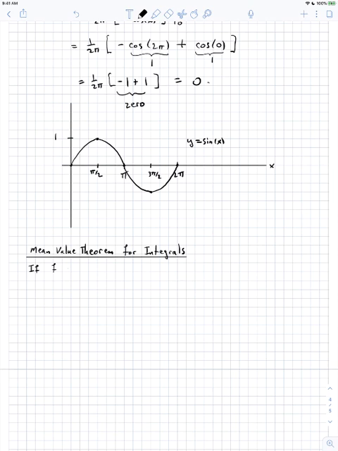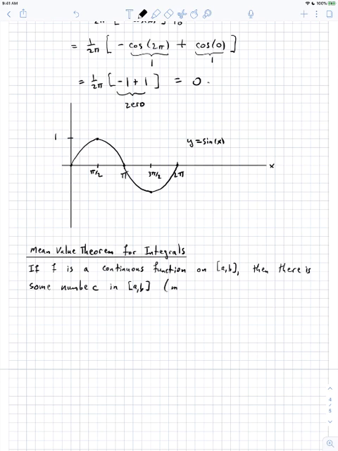If f is a continuous function on some interval a b, then there is some number c in this interval from a to b.